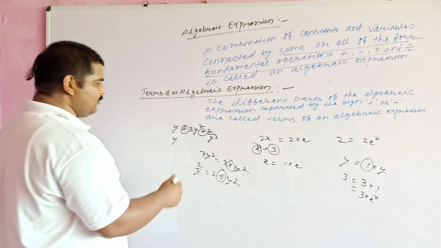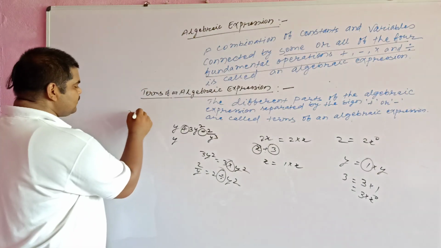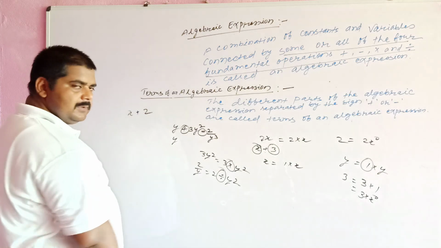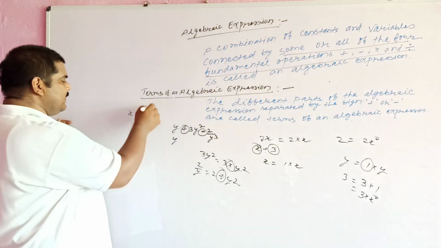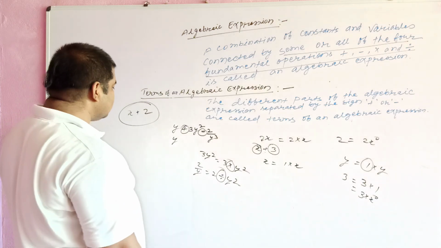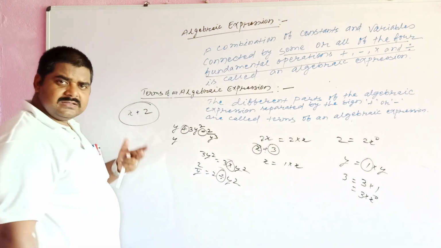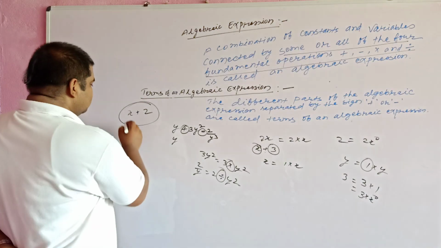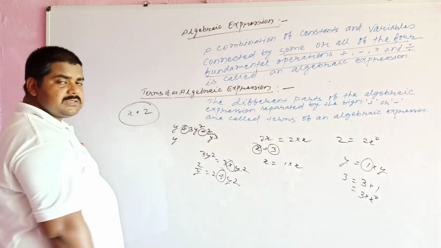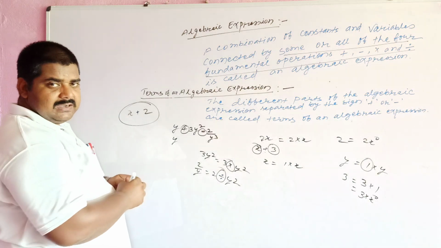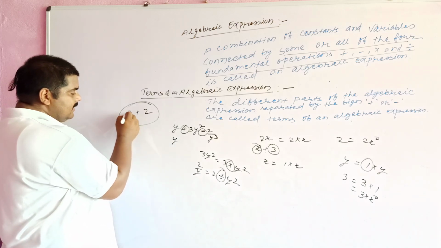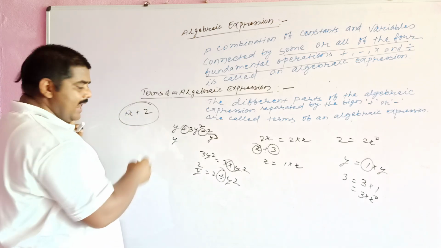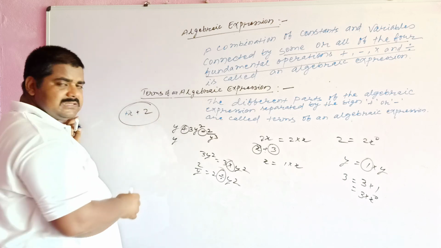Let's check one example. x plus 2, how many terms does it have? This is an algebraic expression, and it has 2 terms, because there is a plus sign. What is the sign before x? It is a plus sign, and before 2 is also a plus sign.